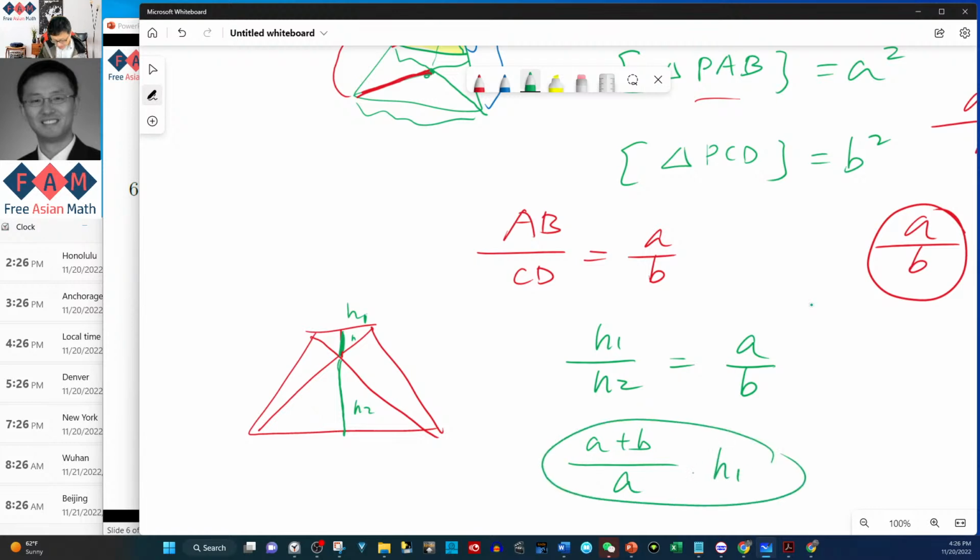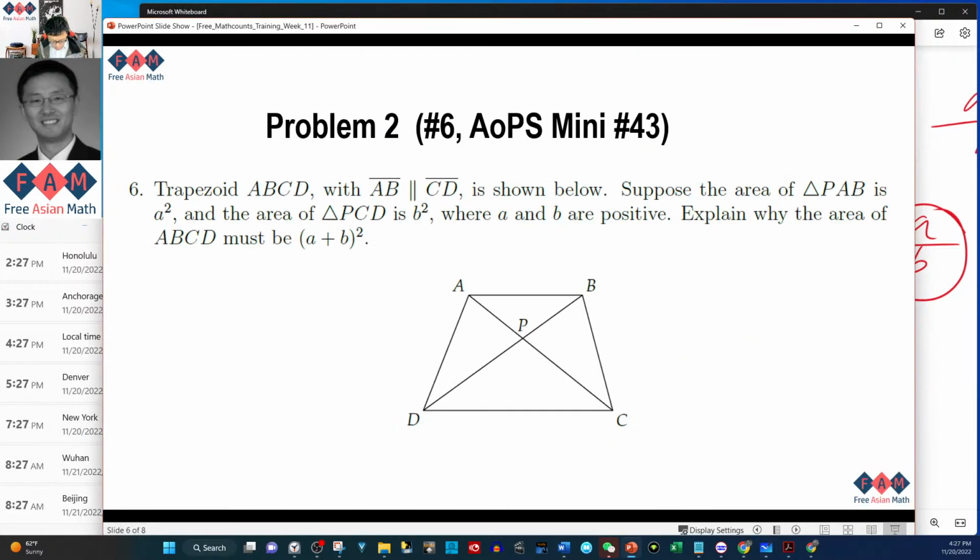This is very straightforward. The trapezoid's area is just (AB plus CD) times this height divided by 2. Then after some algebraic manipulation, you will be able to show the area must be this. It's very straightforward, a little bit tedious.